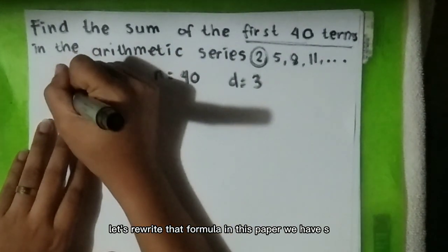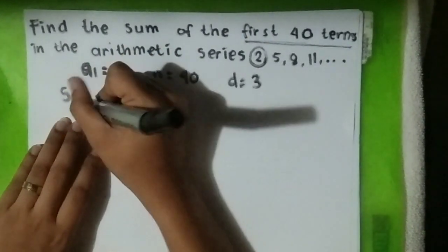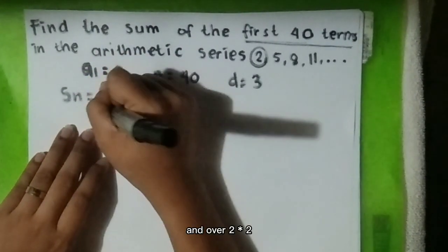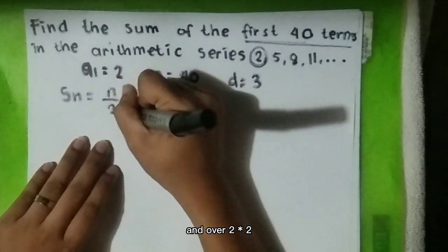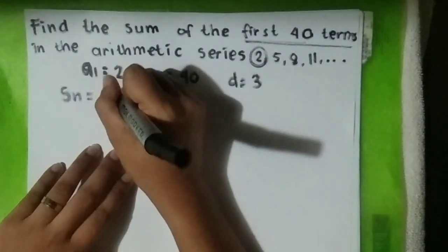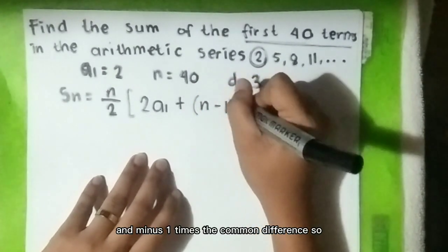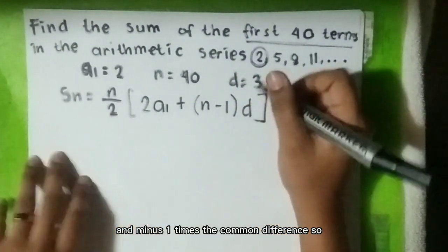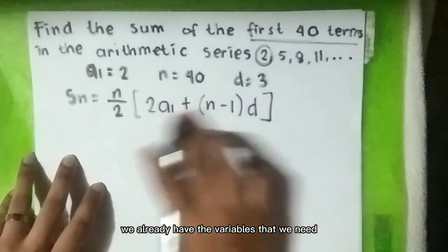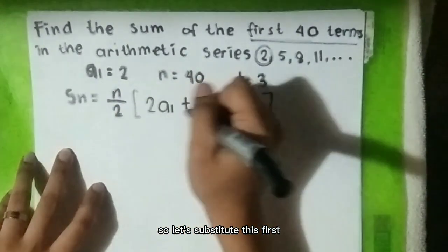We have S sub n equals n over 2 times 2 a sub 1 plus n minus 1 times the common difference. These are the variables that we need in order to solve this formula. So let's substitute this first.